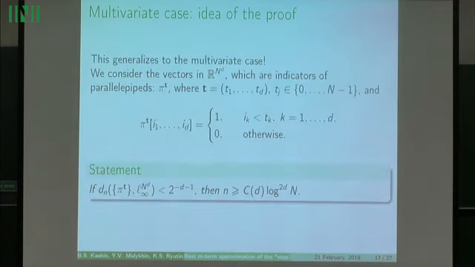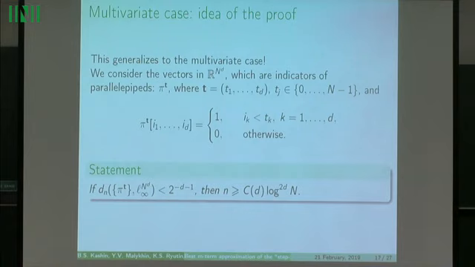So this generalizes to the multivariate case. We can consider the vectors in this huge dimensional space, R to the power n to the power d. And in this space, there is a system of indicators of parallelepipeds. I wrote the definition here.